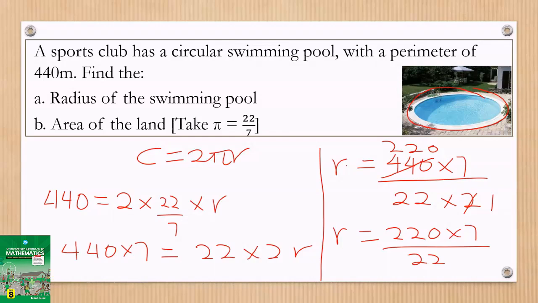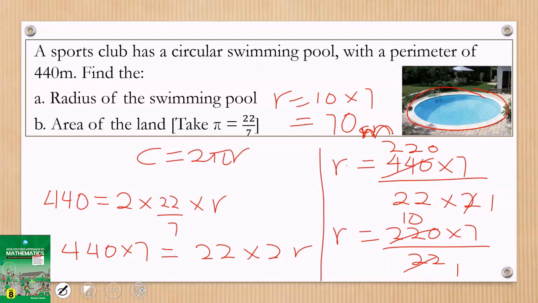So 22 can divide itself here as 1, and it can divide the whole of this as 10. So then my r becomes 10 times 7, which of course would just be 70 meters, because the question is given in meters. And so our radius of the swimming pool is 70 meters.